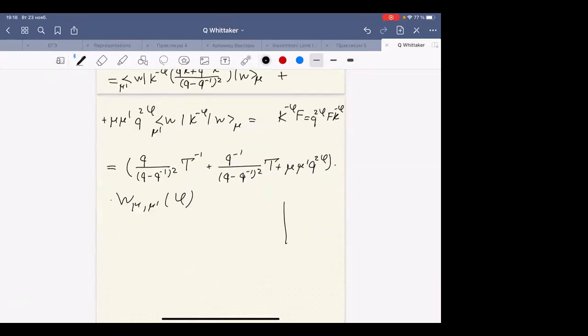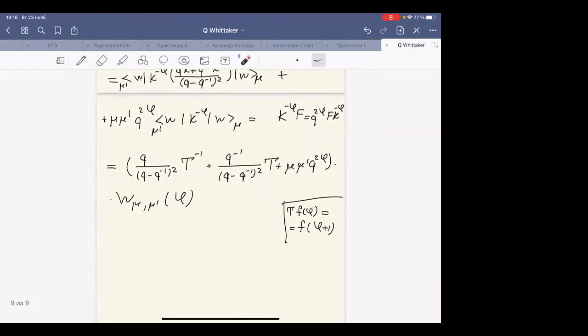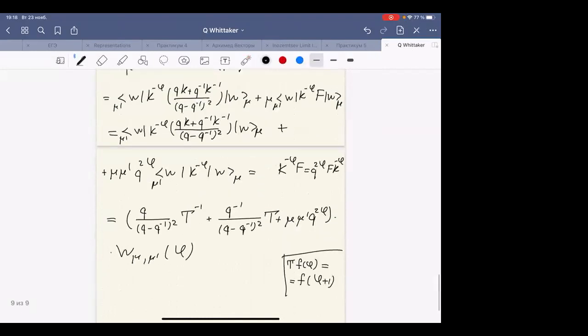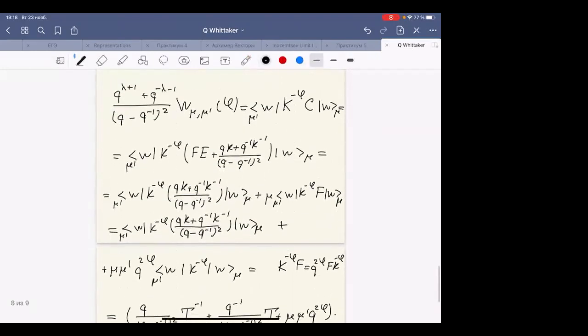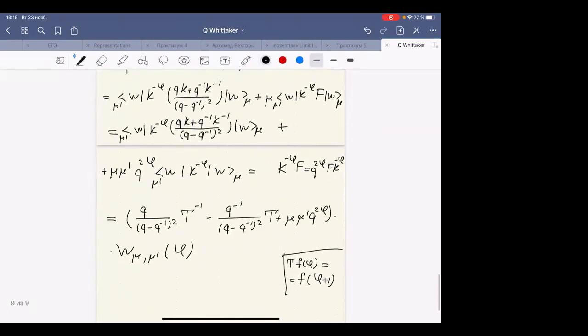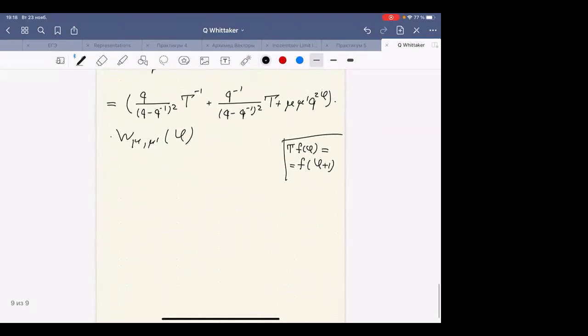And tau acts on the function of phi in the following way: it shifts phi by 1. Thus, we calculated that the q-Whittaker function satisfies the following difference equation. Or better to say, it is an eigenfunction of a difference operator.